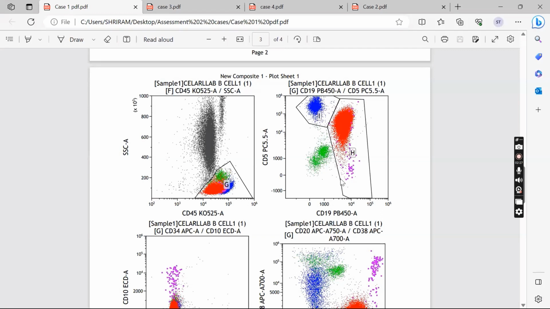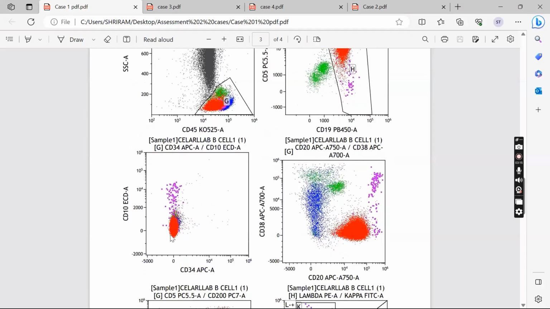Okay. And it can also act as a check for your kappa lambda, whether kappa and lambda are added into the tube, if you're not doing a cocktail. See, I have experienced a case that was reported as a clonal B cell population, and it was given to us. When I went and saw, it was quite surprising because it was a clonal population.